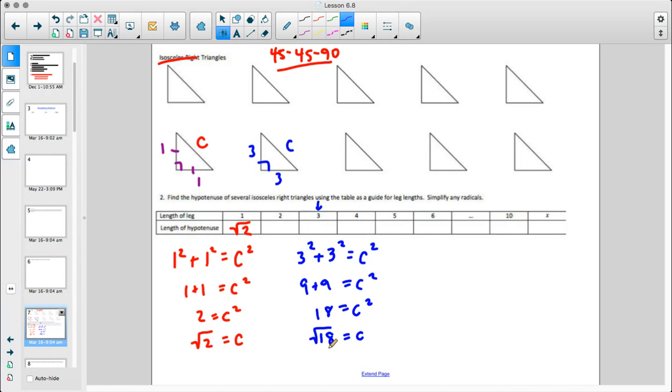However, we need to simplify this radical so that we can see the pattern that's happening. Okay, and so when you simplify this, you can think about that 18 is 9 and 2. Okay, and then so when you simplify this radical, you should be able to take out a 3. So it's going to be 3 root 2 is c.